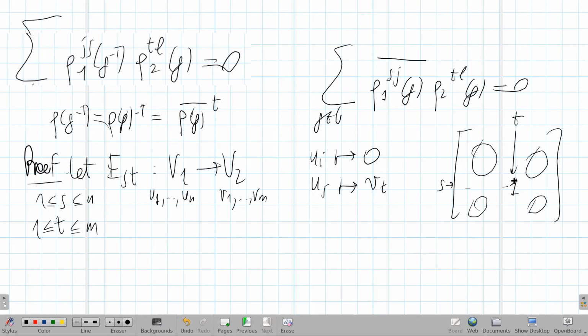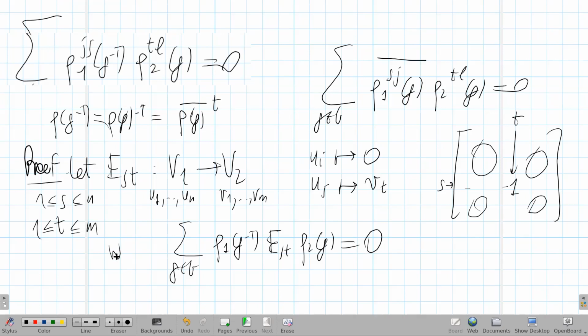And then you compute this particular map. Well, okay, and then we know that if we compute this, this will have to be 0. Why? Because by the lemma, this is a morphism of representations.